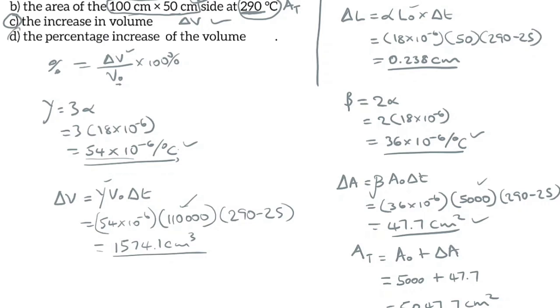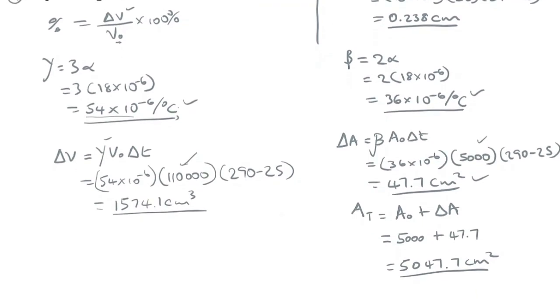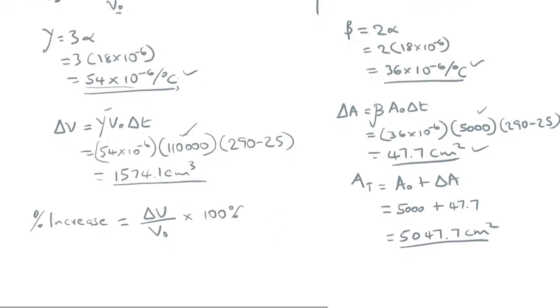Now let us go to question D. Here they are looking for the percentage increase in volume. So we would say the percentage increase is equal to the change in volume divided by the initial volume times 100%. That's how you calculate the percentage increase in volume. The change in volume, we've got it now.